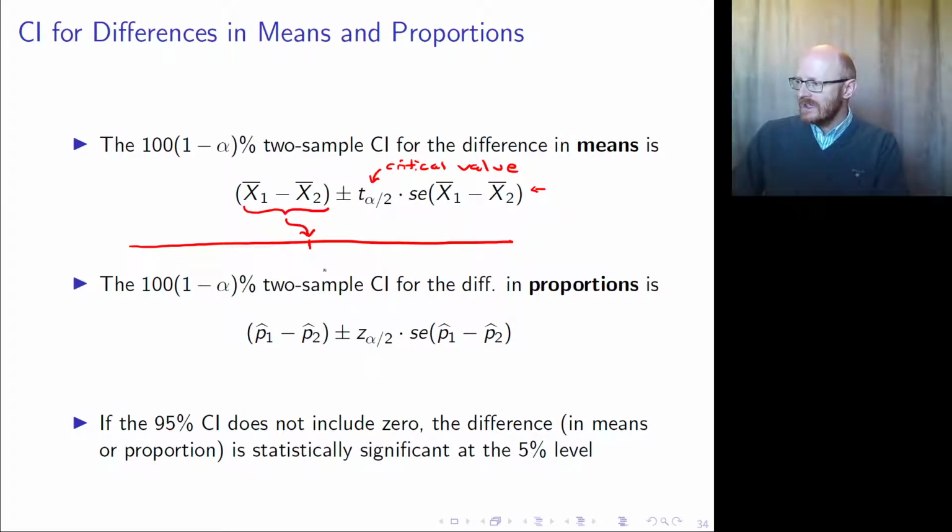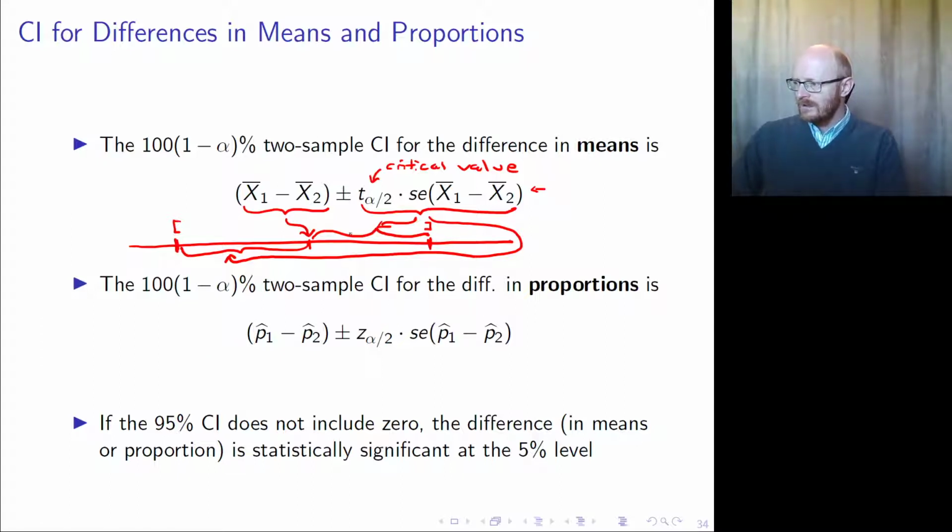Okay, so for example, this is subtracted from the sample mean. So now you get a confidence interval ranging from here to here, right?